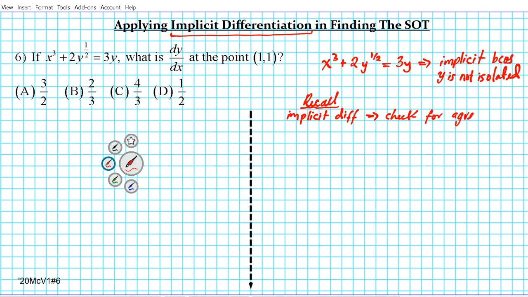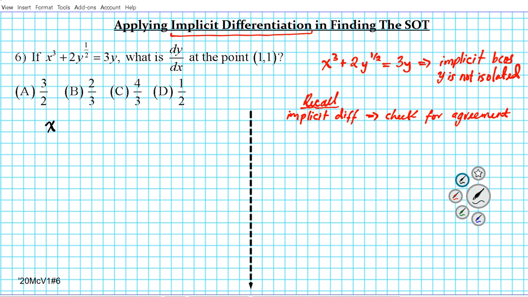If it matches the variable, like the x's, then you just differentiate that term and it's gone. But if it's another variable, you have a disagreement, and then you have to apply the chain rule: differentiate the term first and add d of that variable over d of what you are differentiating with respect to. That's the whole idea of agreement. We'll go over it in more detail when we start the problem.